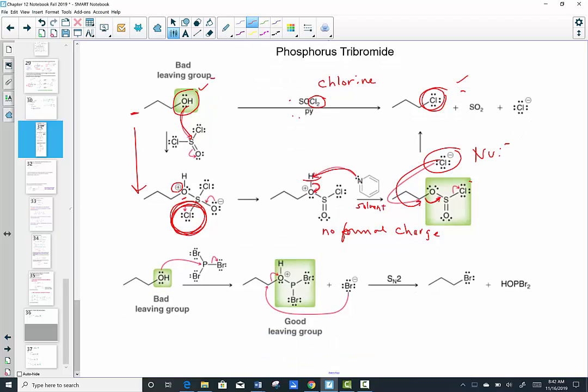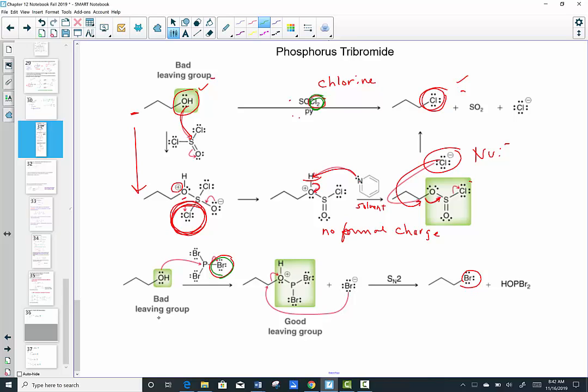And I'll do the same. I'll discuss with you PBr3, phosphorus tribromide. Notice that this is very specific to adding a bromine. So again, if you want to add a chlorine, SOCl2 in a workup of pyridine. If you want to add a bromine, use phosphorus tribromide.